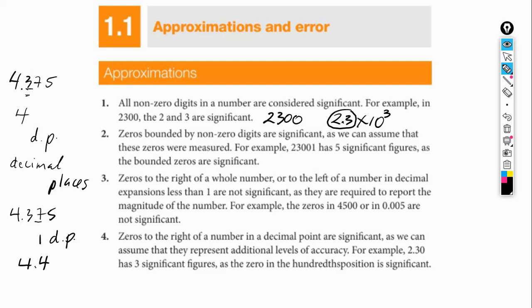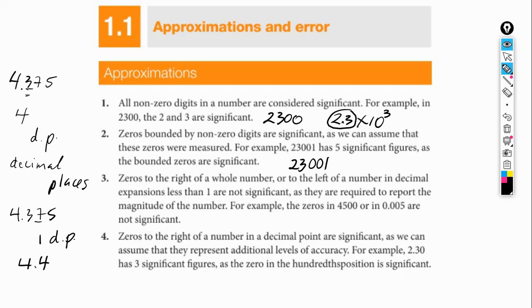For instance, they mention here the number 23,001. So if we have the number 23,001, although it has zeros, because these zeros are contained between non-zero digits, they're considered significant. So that means that the number 23,001 has 5 significant figures.